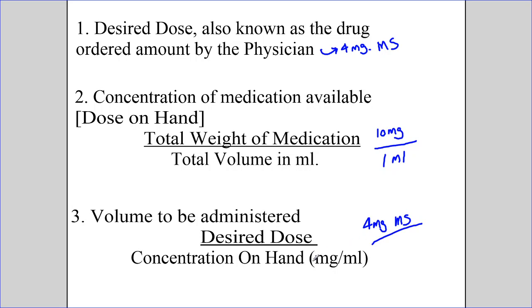by the concentration of the drug on hand. The way you figure that out is you take your 10 milligrams and divide it by 1. Pretty simple.